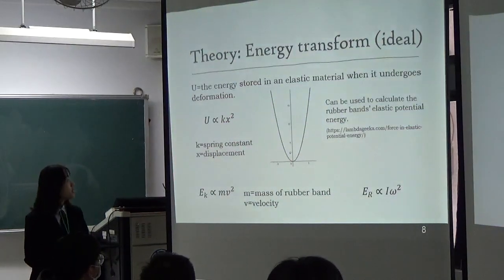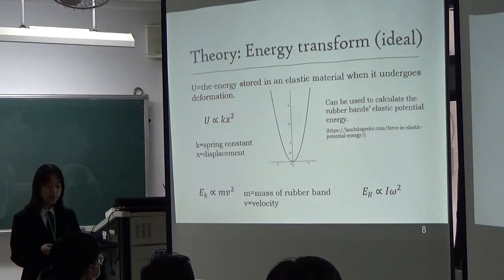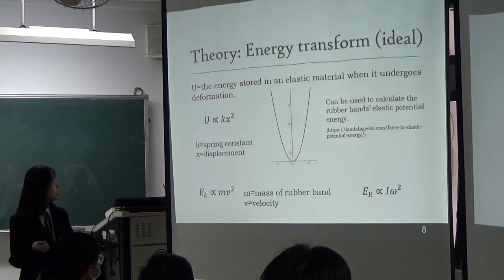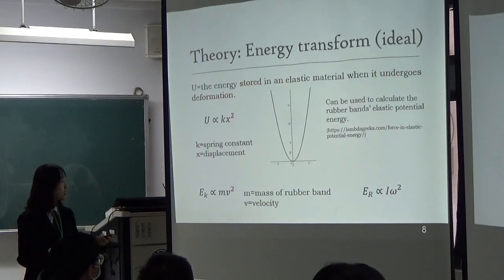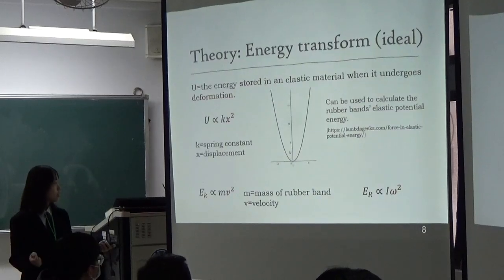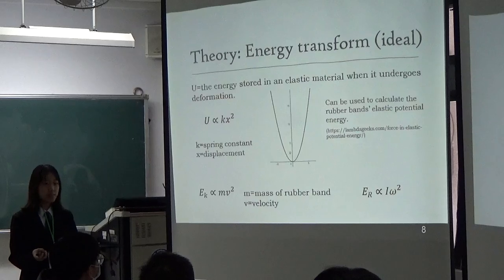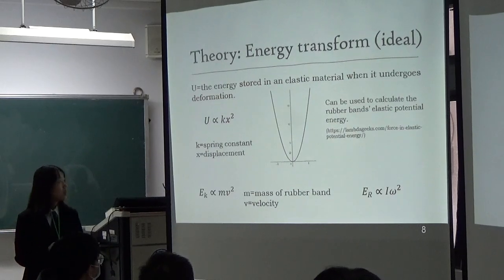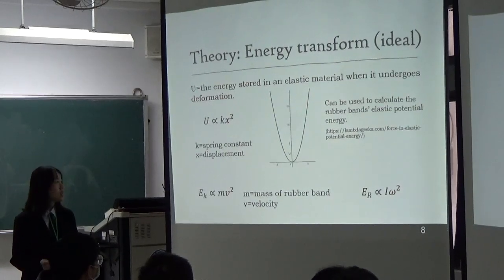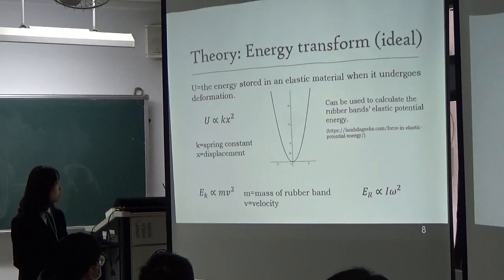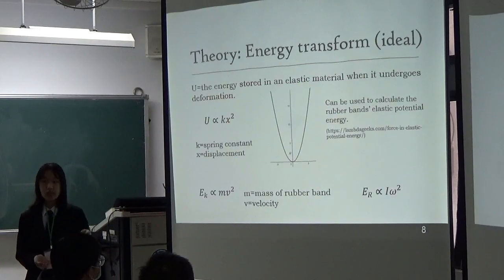For the energy transformation, we know that when the rubber band is pulled, it will have energy stored in the elastic material, which is the elastic potential energy, and when it is released, it will be transferred into kinetic energy and also rotational energy.